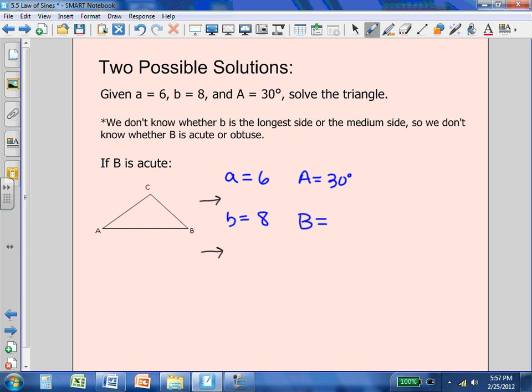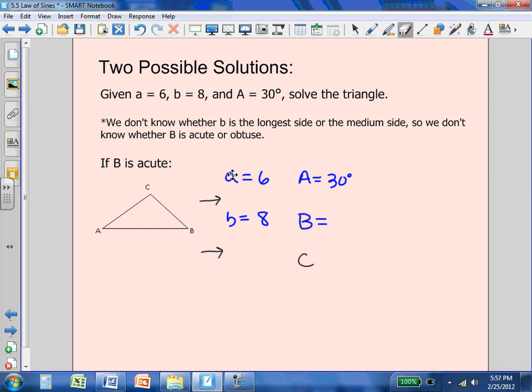Is B the long side, or B the short, or B the medium side? We don't know. Depending on where it is in this list, B could be acute if C is bigger. For instance, if C is down here, C could be obtuse. That would mean that B has to be acute.